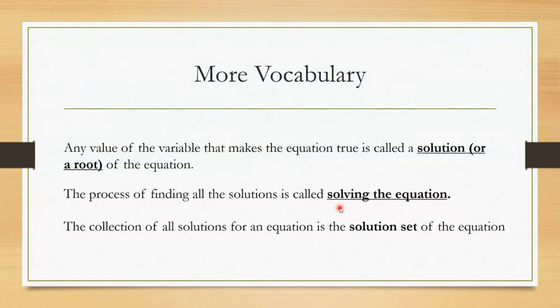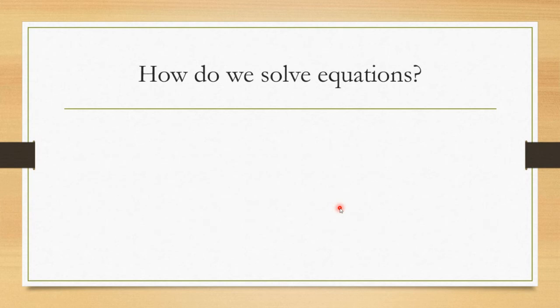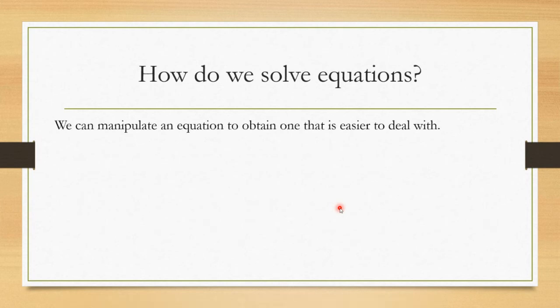But guessing's really not the best way to solve an equation. With guessing, you're kind of shooting in the dark. You don't want to do that. But there is a process you can do. Namely, you can manipulate an equation and obtain one that's much easier to deal with.